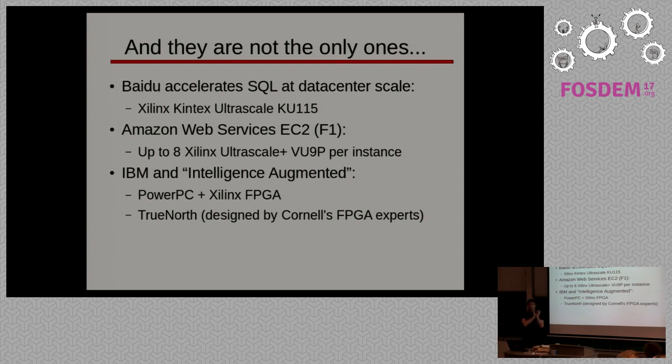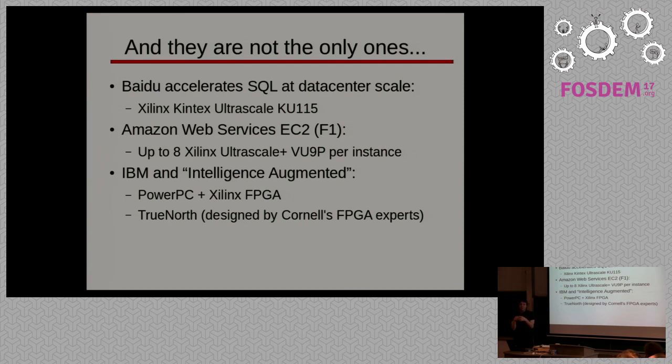And even more, they have designed their own chip for deep learning that is called TrueNorth. What not many people know is that this chip was actually designed by Cornell University FPGA experts. So what is really in this chip is a very specific FPGA.